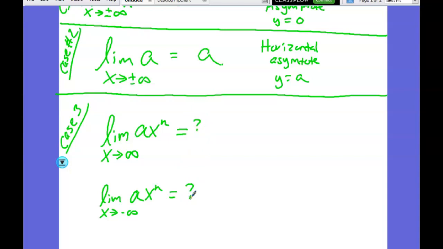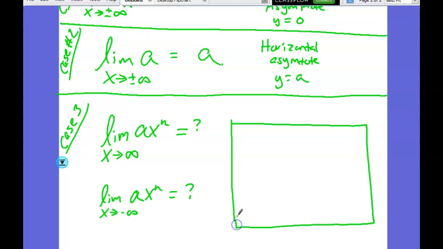Okay, and a little while back I gave you guys a chart about polynomial end behavior, and it looked something like this. It depended on whether a was positive or negative. It also depended on whether the n was even or odd.